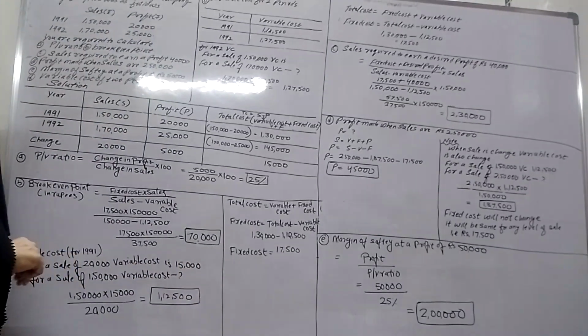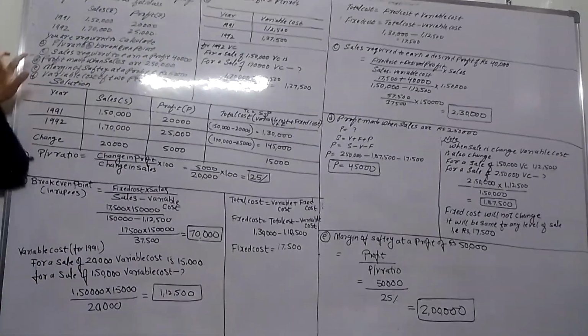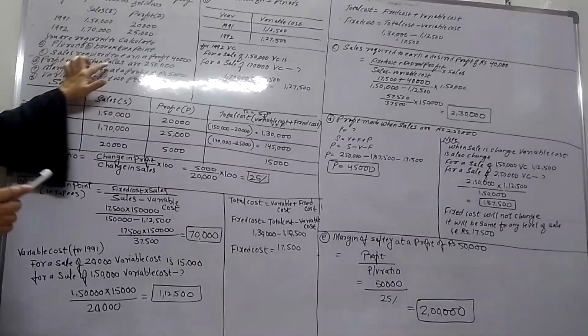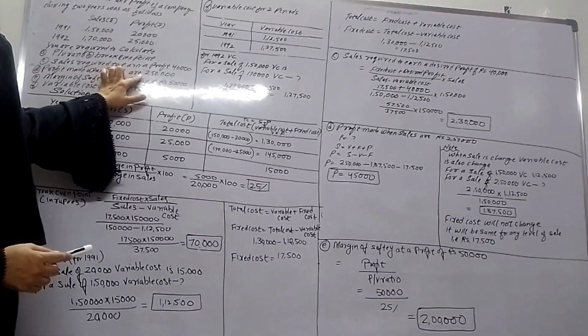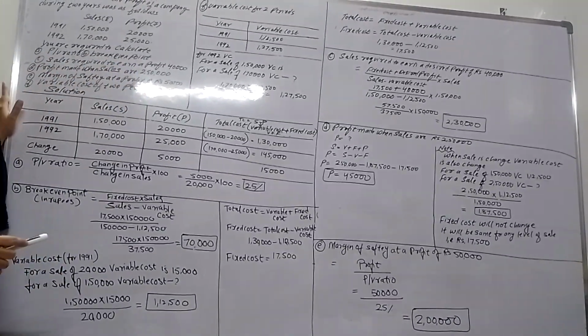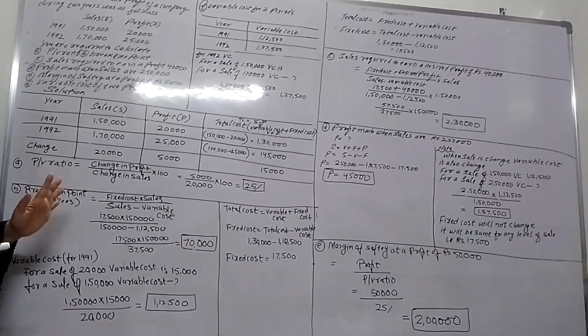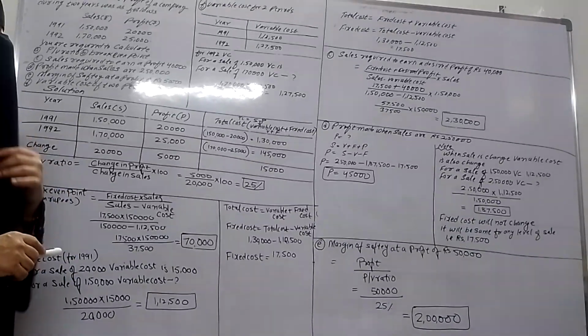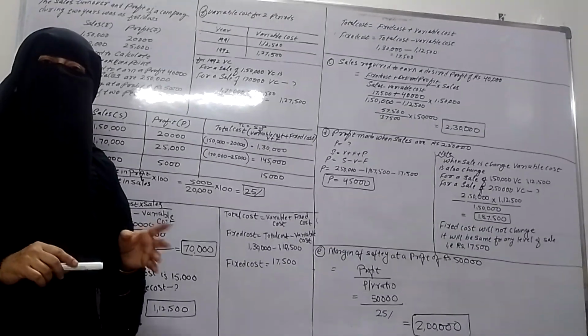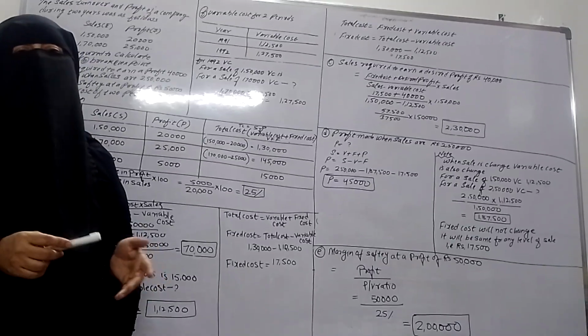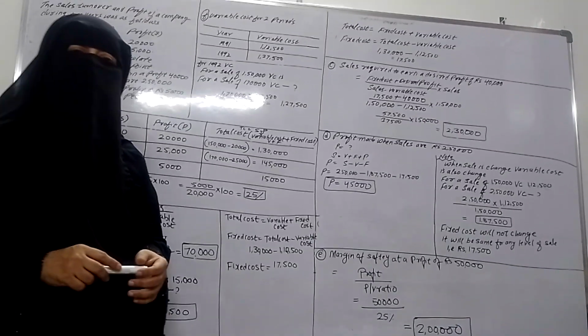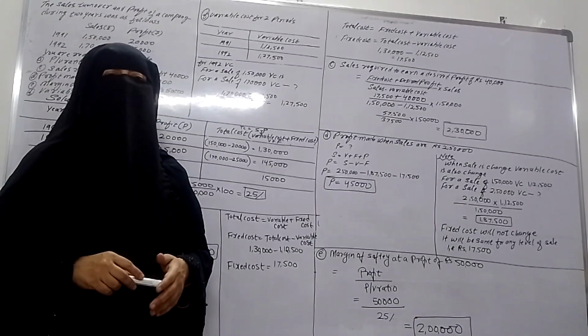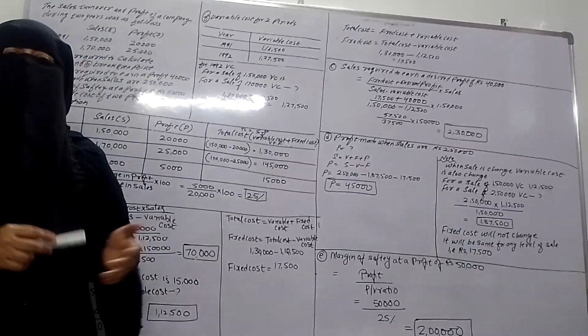Now the next bit is asking you to find the profit when sales are 2,50,000. So students, whenever in the question you are asked to find the profit, find the variable cost and the fixed cost, and then substitute in the equation.